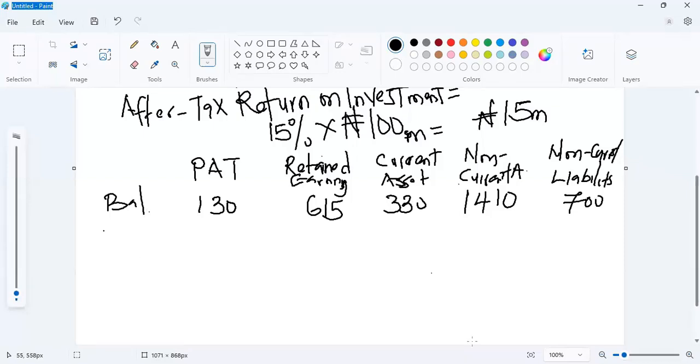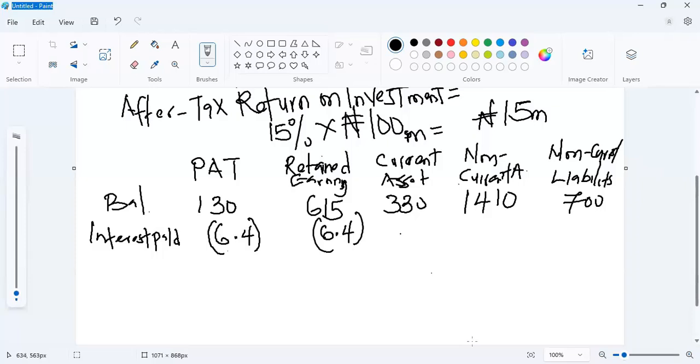Our interest paid will affect the income statement, 6.4. This will affect retained earnings, minus 6.4.